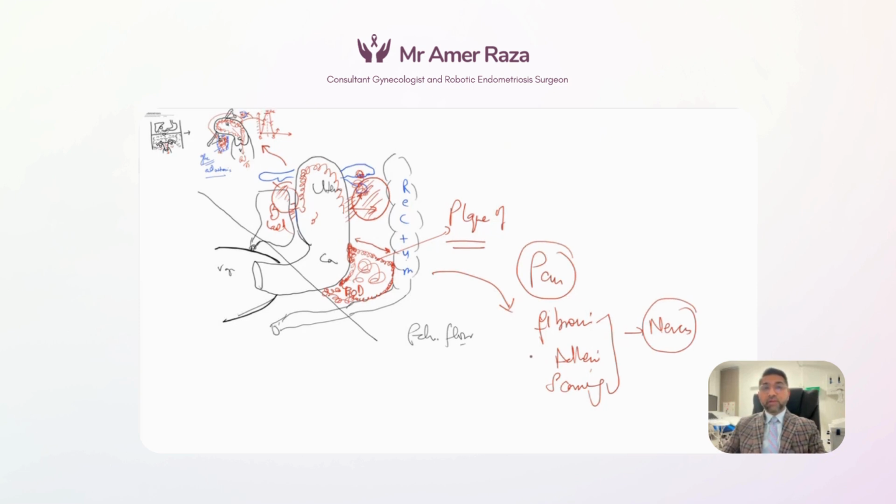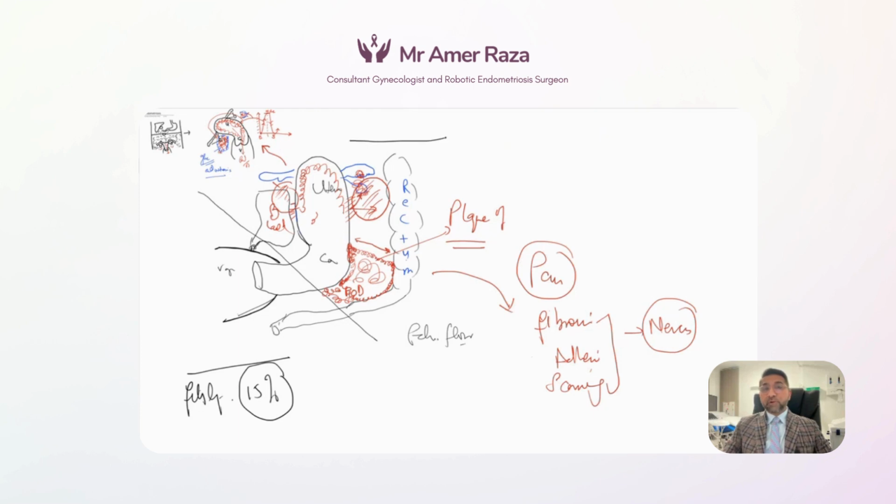So again, if we make it smaller, the same thing will happen, and it will lead to infertility as well. If this outside structure is not normal, involving ovaries, tubes, rectum, bowel, then obviously it will affect fertility as well in about 15% of the patients.